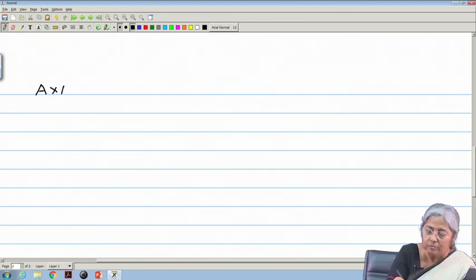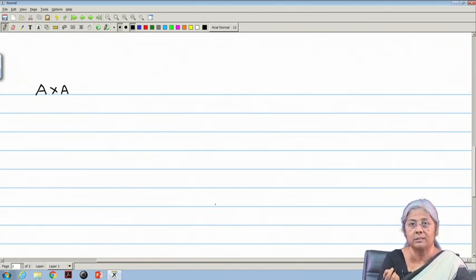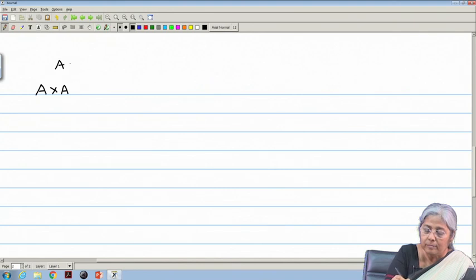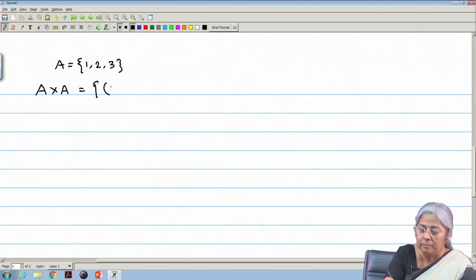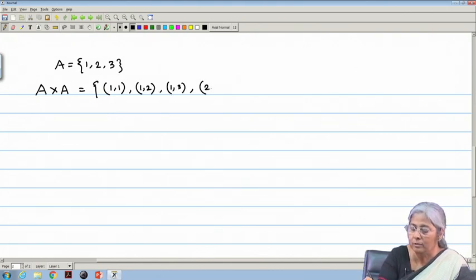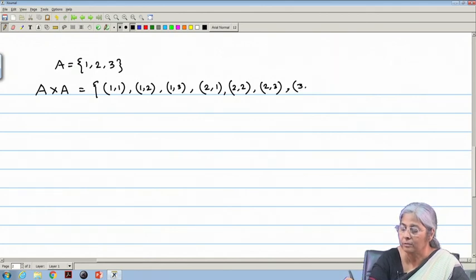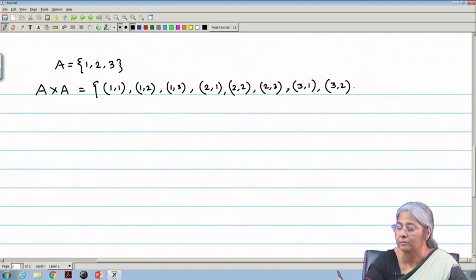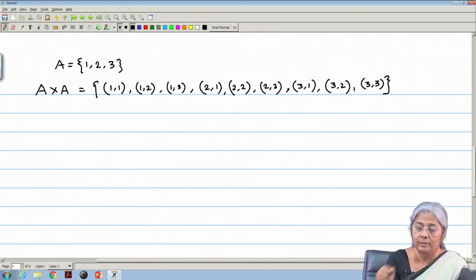So, what is A cross A or B cross B? If we consider the Cartesian product of the set itself, A cross A, with the same example 1, 2, 3, similarly we get the pairs 1,1, 1,2, 1,3, then 2,1, 2,2, 2,3, 3,1, 3,2 and 3,3. These are all possible pairs of A's.